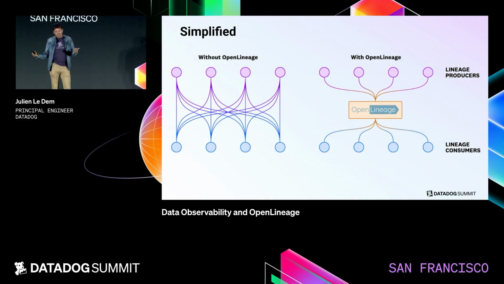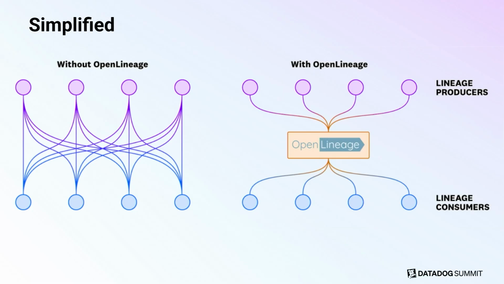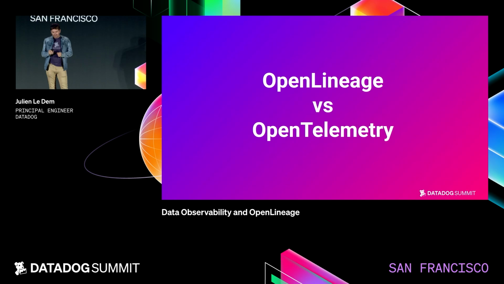It makes it a lot easier. Since now we have an explicit contract, it's a lot more stable. People don't break the lineage definition willingly, and it's a lot easier to scale the whole ecosystem. So the more people use it, the more people benefit, because any new producer that uses it, all the consumers benefit. Any new consumer that uses it, you get visibility into all the producers. So there's really this snowball effect that builds from that.